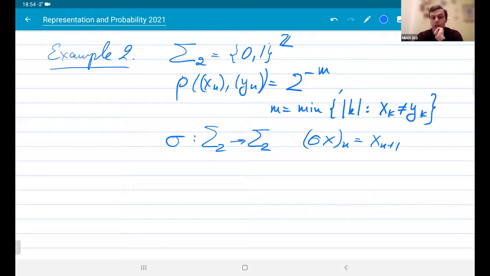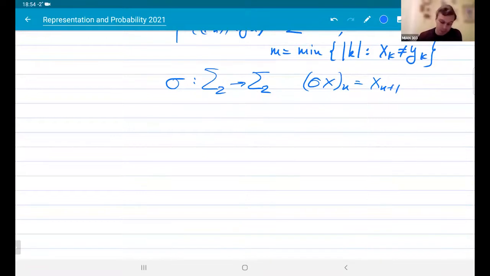So this is a left shift. This is obviously a homeomorphism of this space, and you can again consider the Borel sigma algebra corresponding to this metric. Then sigma is measurable, and we can study some invariant measures of this sigma.